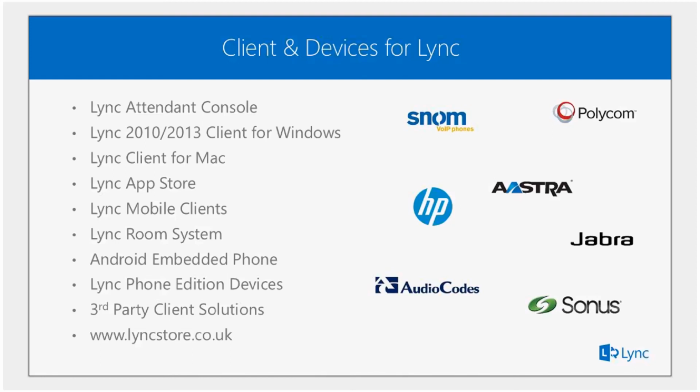Lync Phone Edition devices are phones made by Polycom, Astra, and HP that have a slimmed down Lync client running in the actual phone. It's called Lync Phone Edition. They're very good. They have a great feature set. They tether to desktop clients to give you better together functionality.